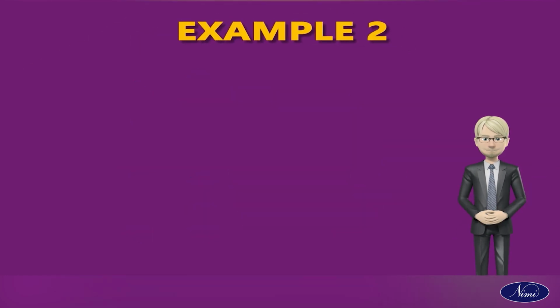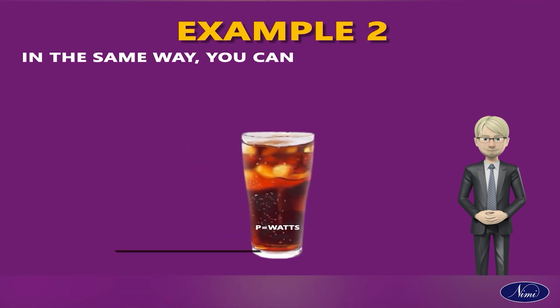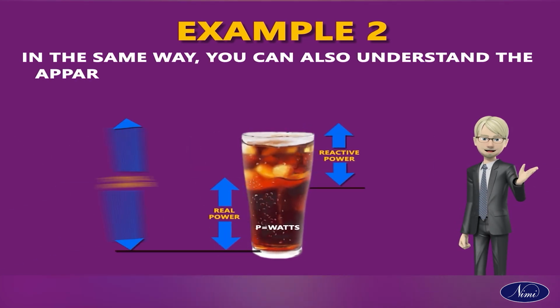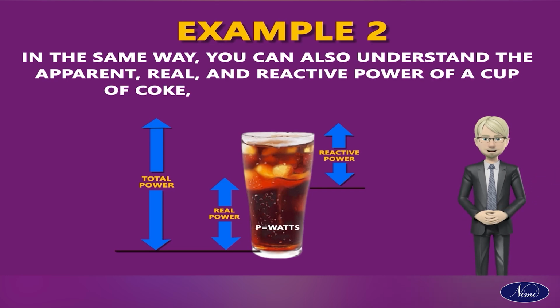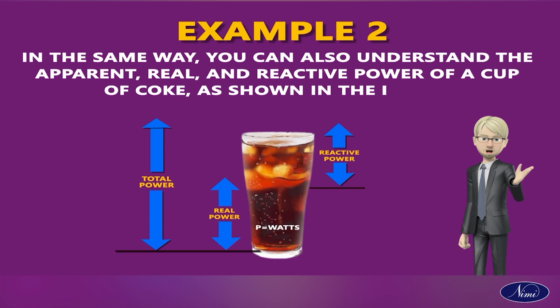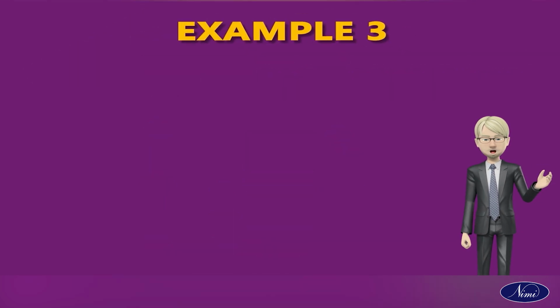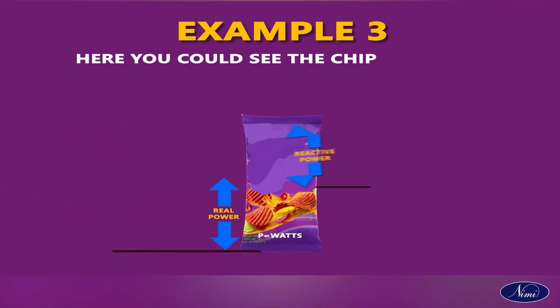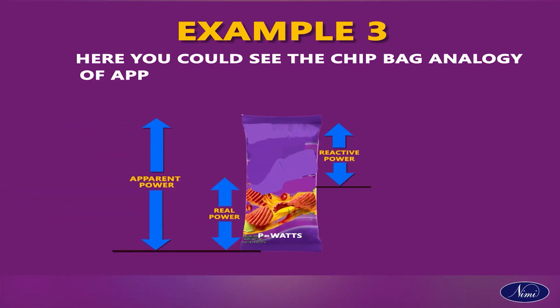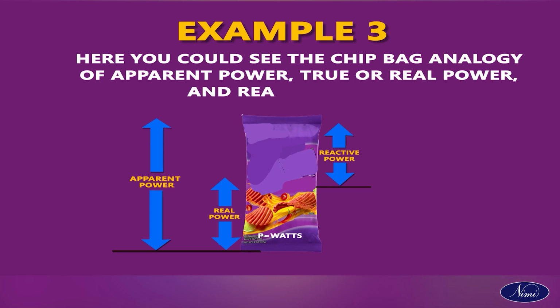Example 2. In the same way, you can also understand the apparent, real and reactive power of a cup of Coke as shown in the image. Example 3. Here you could see the chip bag analogy of apparent power, true or real power, and reactive power.